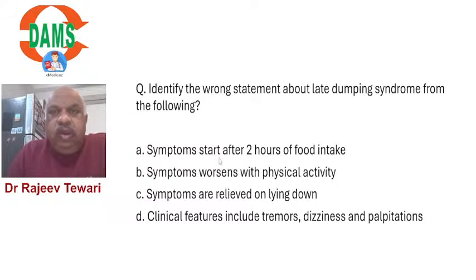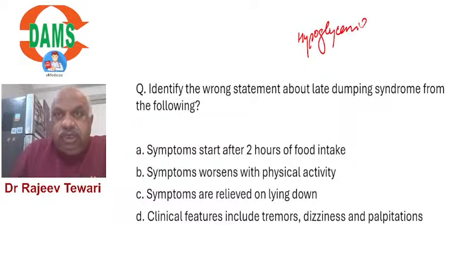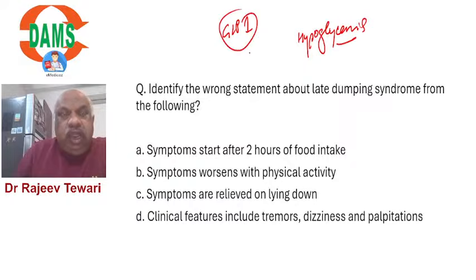Identify the wrong statement about late dumping syndrome. Late dumping syndrome is due to hypoglycemia. When the patient eats, food rapidly enters the small intestine, sugar gets absorbed, so GLP-1 is stimulated and insulin is stimulated, causing reactionary hypoglycemia. So between 1 and 3 hours, the patient has hypoglycemia. This is right. Physical activity will further aggravate hypoglycemia.